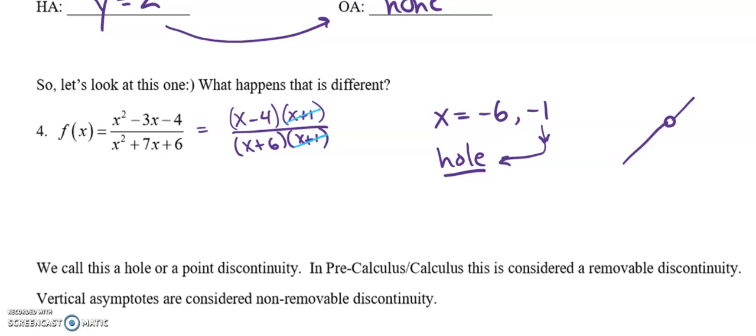It's something that in pre-calculus and calculus you will determine to be a removable discontinuity, because basically I can take a point, redefine it, plug the hole up, and I've removed the hole or the issue that becomes a problem for us in calculus. Vertical asymptotes are considered non-removable.